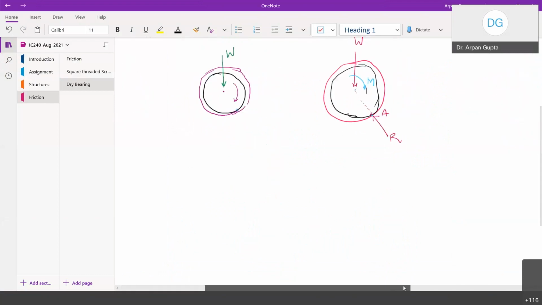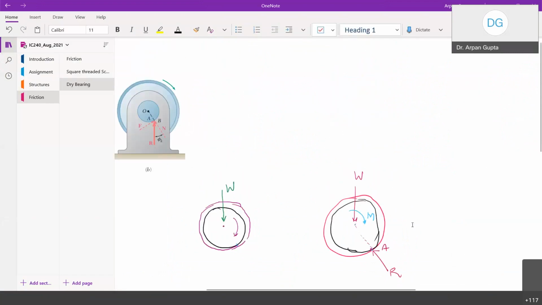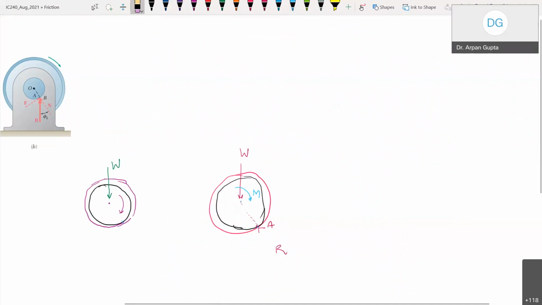This is just the normal reaction, but for force balance it has to be vertical. So let me correct it. This reaction or the net resultant is going to be vertically upward, something like this, so that force balance takes place.